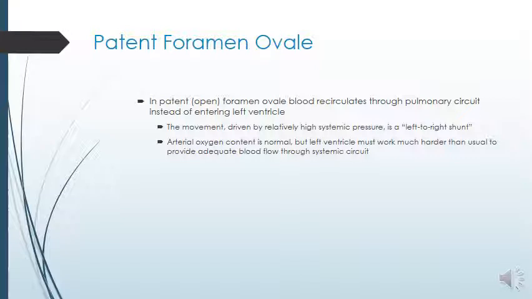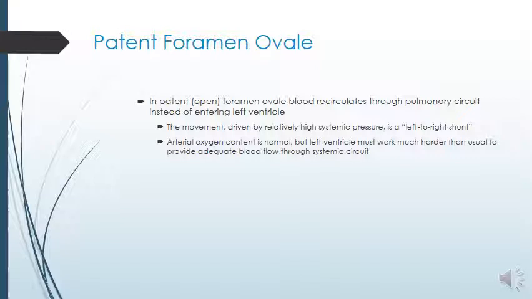So instead of going from the left atrium down to the left ventricle and then out the aorta to the body, there is a left to right shunt, and the blood is going from the left atrium into the right atrium, down into the right ventricle, back out the pulmonary trunk, and to the lungs again.